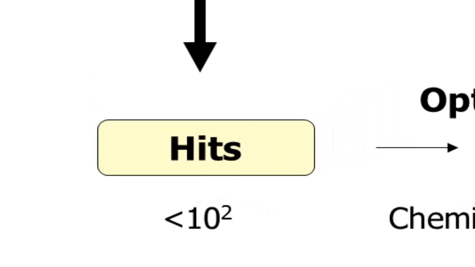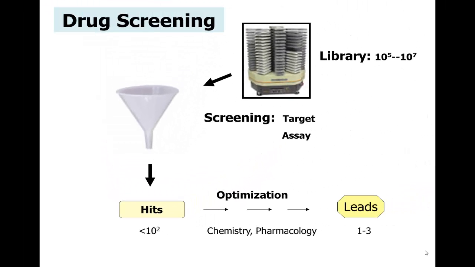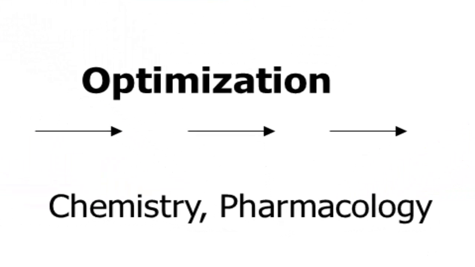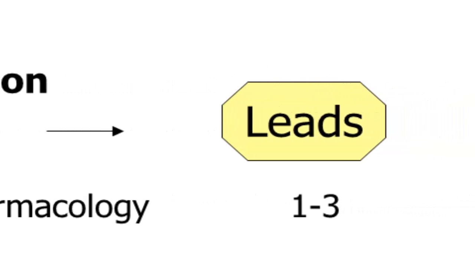The hits are the compounds that have the expected reaction toward the target that could be potentially useful for therapeutic purposes. After that, the hits have to go through a large number of studies involving chemistry and pharmacology to develop into more desirable chemicals that can be used as drug development leads.